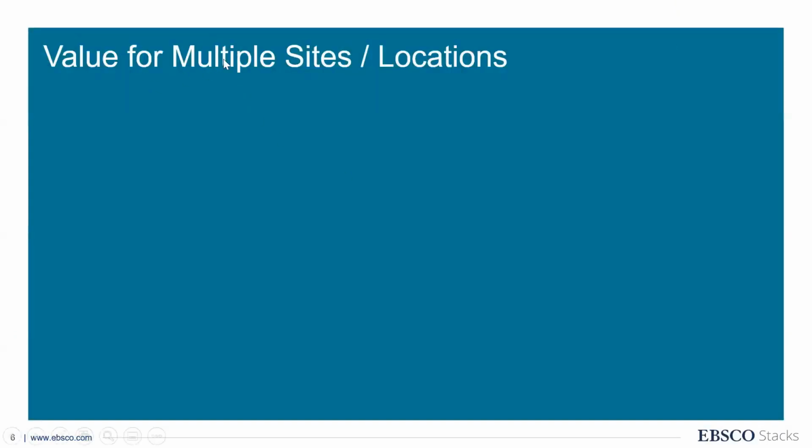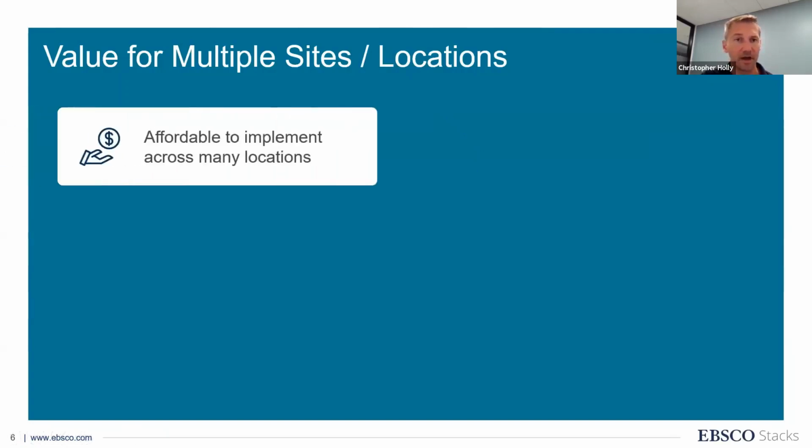Okay, so as far as libraries where you might have multiple locations involved, you can easily set up different pages for each of those locations and customize it accordingly. So if you are in a situation like that at your library, I think that's important to note as well. So just some key points there.